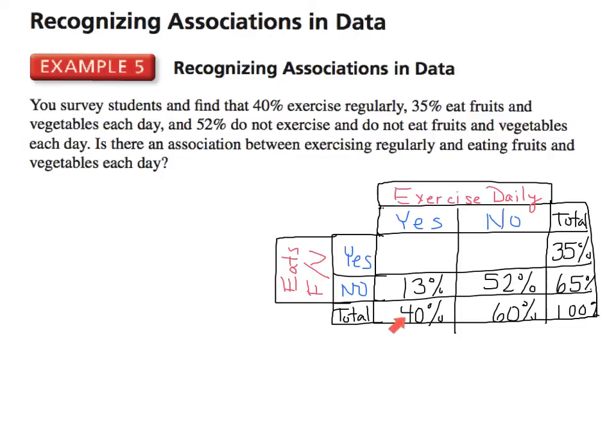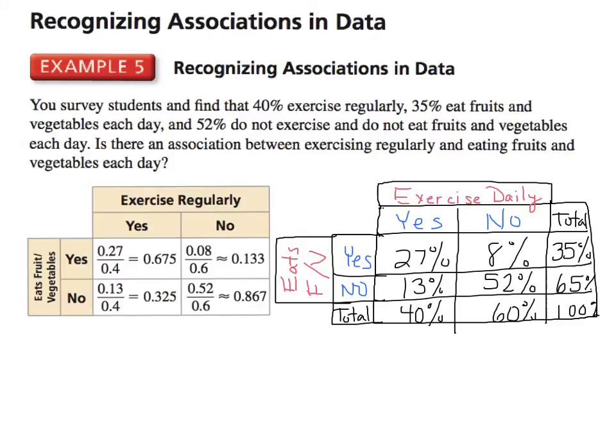And now I take 40 minus 13 and 60 minus 52 to figure out the remaining cells, and that will give us this. So we have to use the given information to see if we can find an association. Now to find an association, we have to find the missing joint and marginal frequencies.